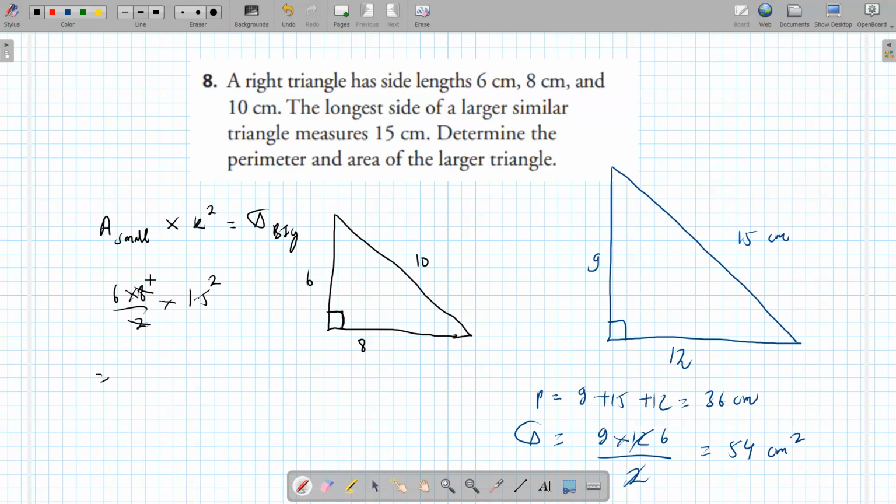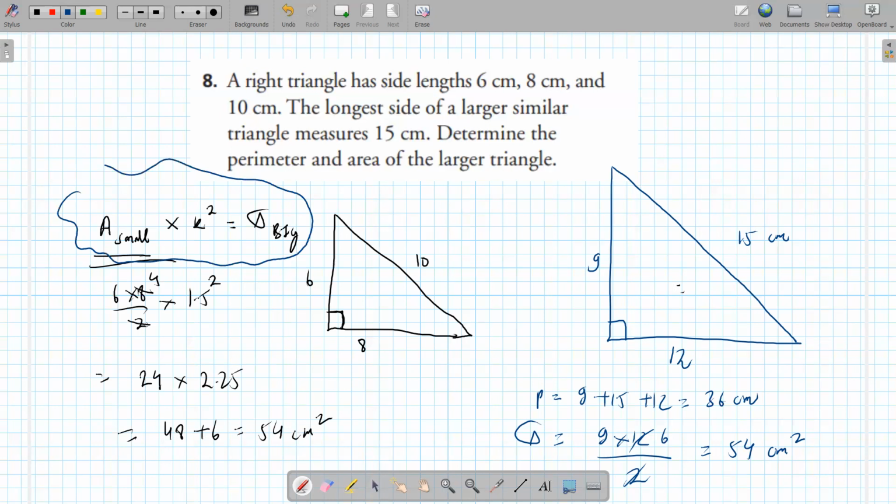So what is this? 24 times 2.25. So that'll be 48 plus 6, which is also 54. So that's how you can find the bigger area if you know the area of the smaller triangle. Again, pretty simple concept. Just keep this in mind. Side lengths, you just multiply by k to get the bigger side length. But for area, you want to multiply it by k squared.